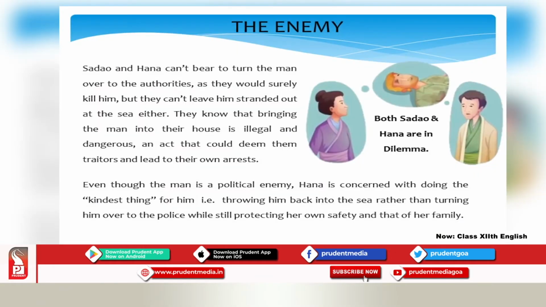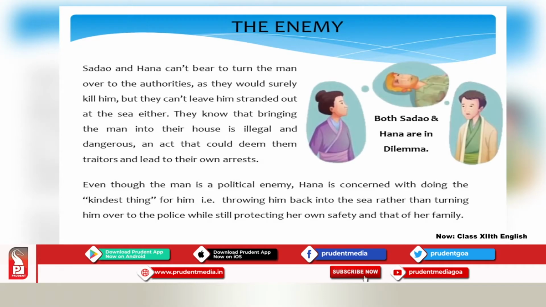Even though the man is a political enemy, Hannah is concerned with doing the kindest thing for him, that is throwing him back into the sea rather than turning him over to police, while still protecting her own safety and that of her family. So students, here Hannah and Dr. Sadao are thinking in different ways.